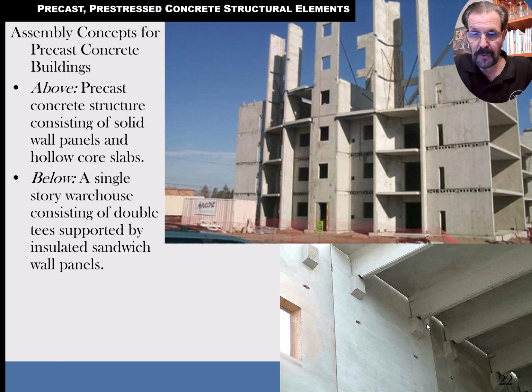And then down below, you're seeing double T's that are sitting on wall panels, on corbels that are installed in wall panels. But again, it wouldn't just be sitting there on that little ledge. It could slip off of there, so it's got to be welded at the top. They generally rest on something at the bottom, and they have a weld plate where the two pieces are welded to each other.